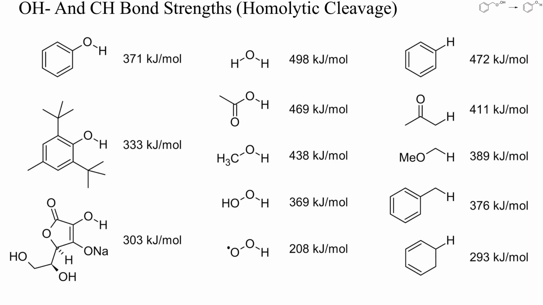The energy required for cleaving OH bonds homolytically depends a lot on the other substituent at oxygen. Electron-rich phenols have relatively weak OH bonds, much weaker than that of water, carboxylic acids or aliphatic alcohols.